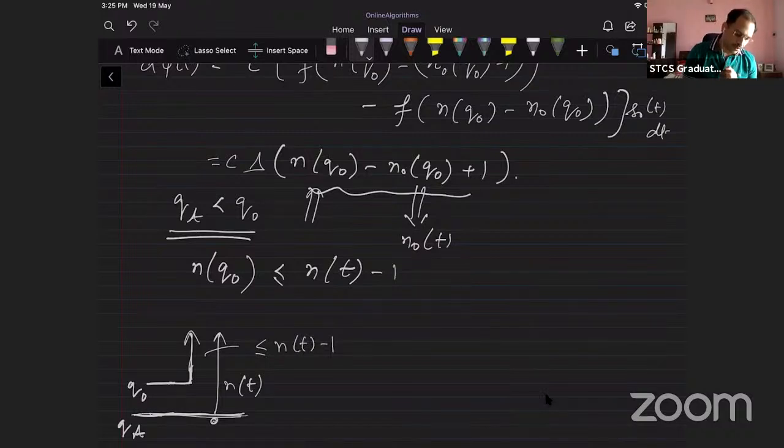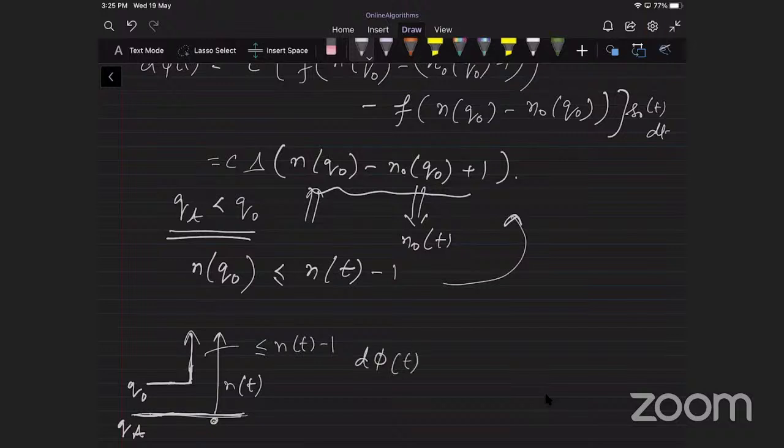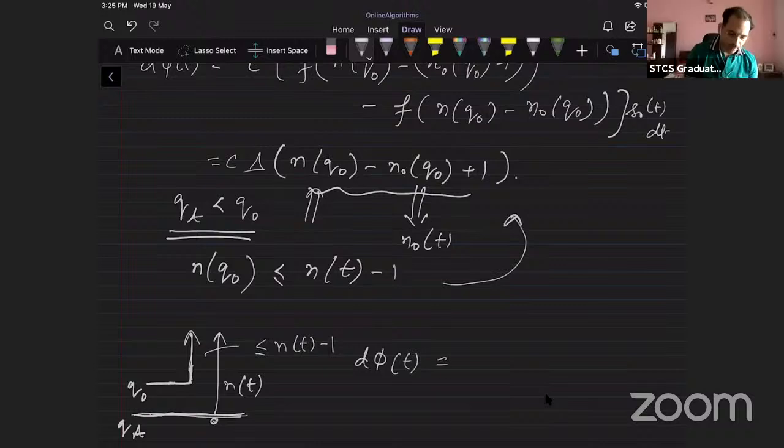So combining this here, we get that d phi. Was this okay? You again get back that it's c times delta n of t minus n0 of t s0 of t dt.